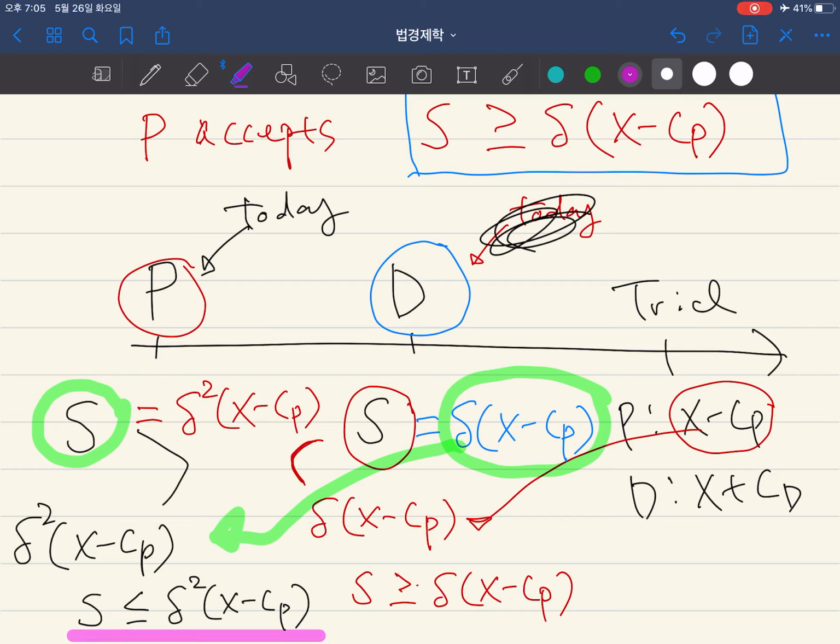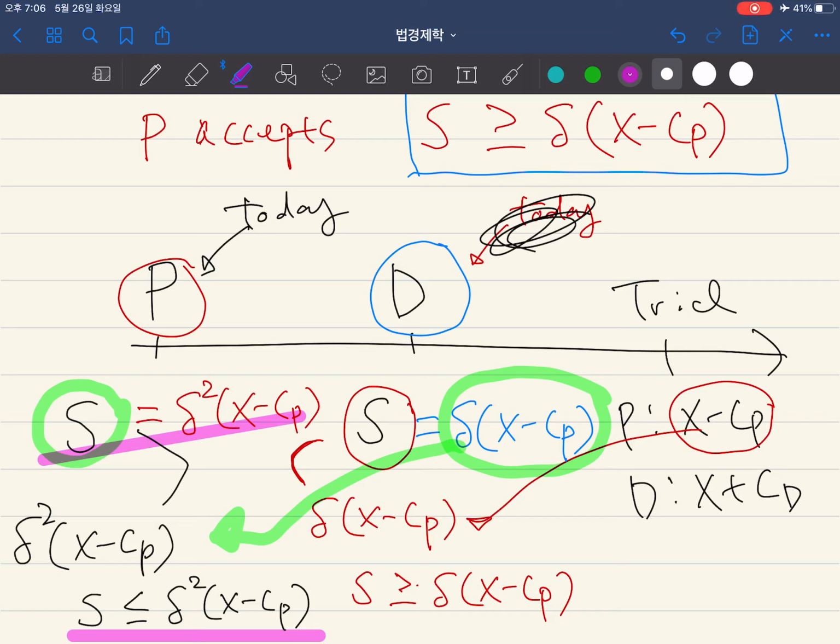He knows that he has this constraint: if S is bigger than this expression, then he cannot settle today. So plaintiff has to offer exactly this much. Then defendant is going to accept, so they are going to settle today without even going to tomorrow.